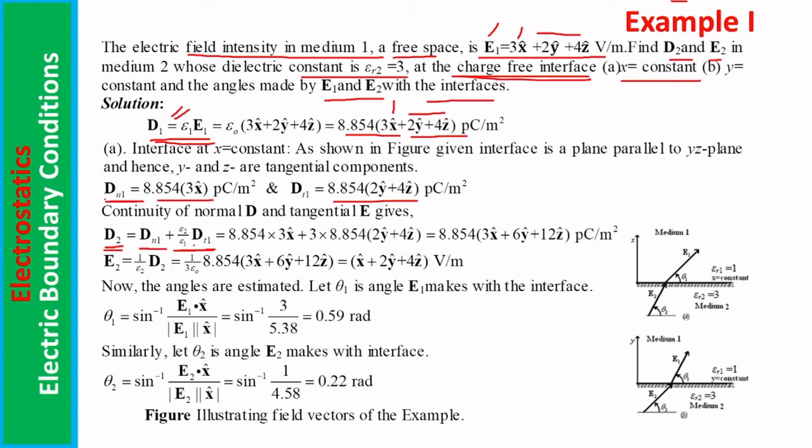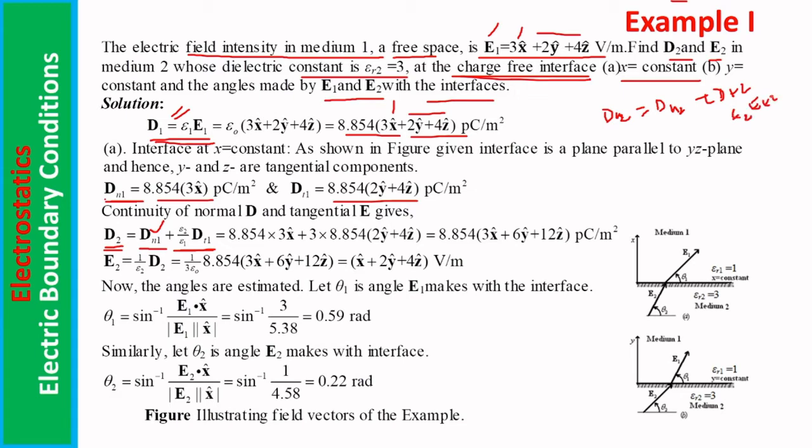How has this expression come into being? It is quite simple. D2 can be decomposed into two parts, dN2 plus dt2. But normal components are continuous. D normal component is continuous. Therefore, you can simply replace dN2 by dN1. When it comes to dt2, it can be written as epsilon 2 et2.